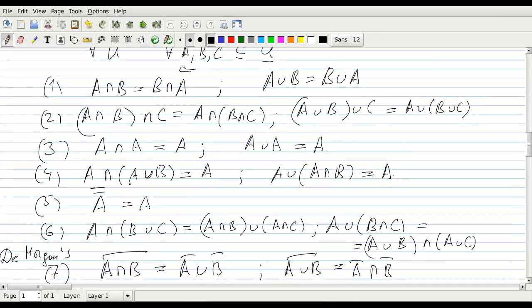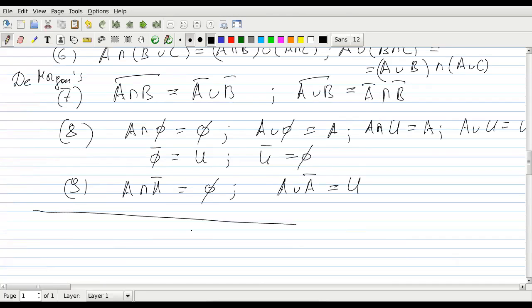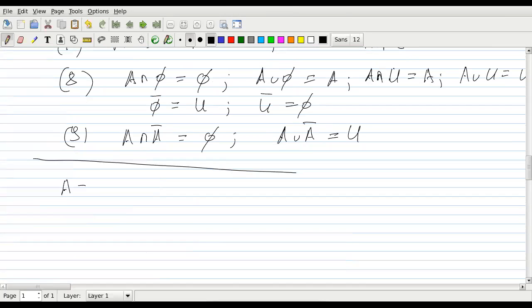For example, let's prove one of the absorption laws, because probably they are not that familiar to you. Say I want to prove that A equals A intersected with the union of A and B. It's very easy to prove it. What is the main idea? The main idea is to use the definitions.